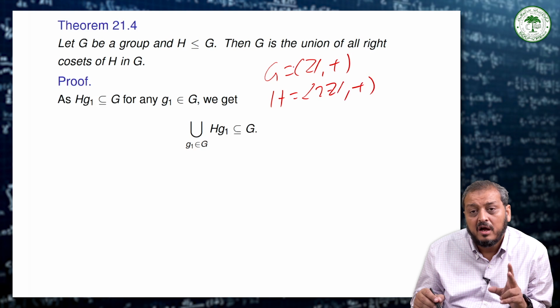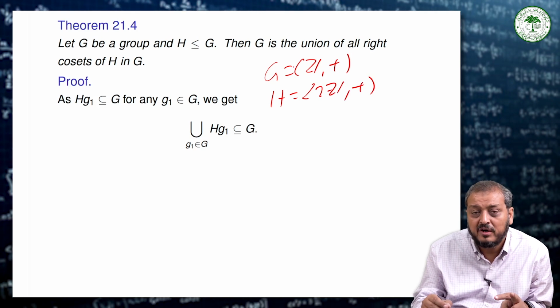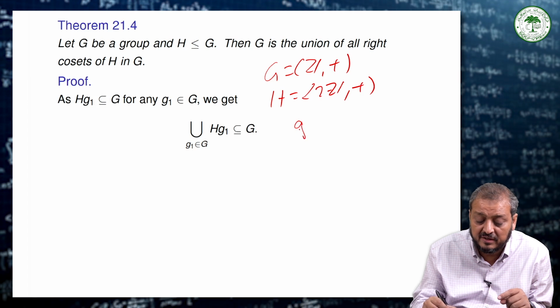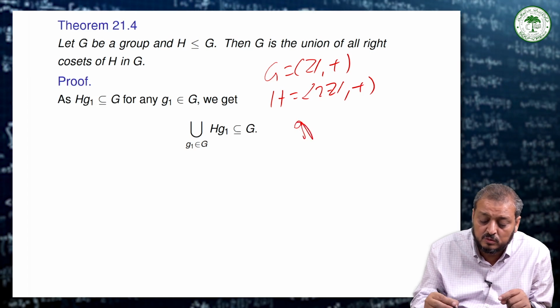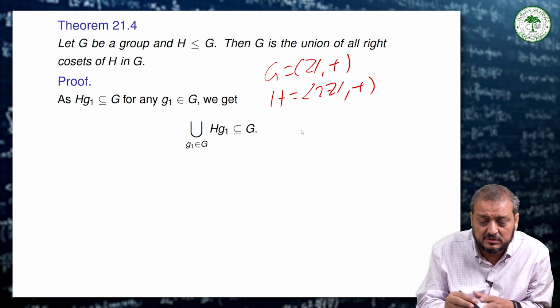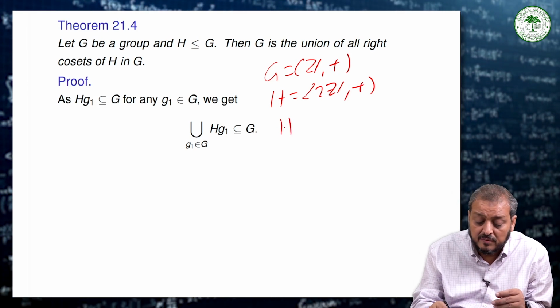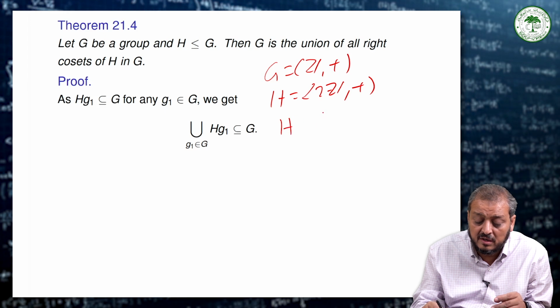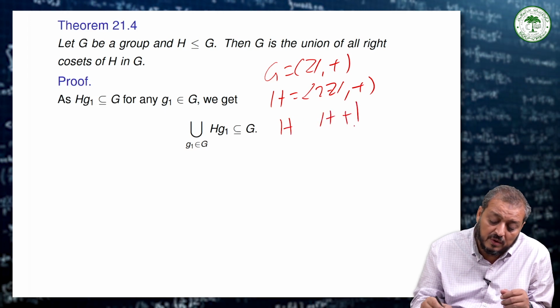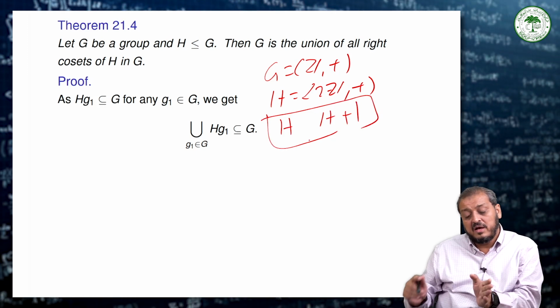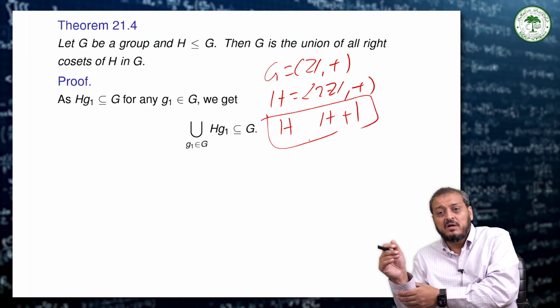Then there are only two different cosets. The left and right cosets are the same, because the group is abelian. So we have only these two, H and H plus 1.